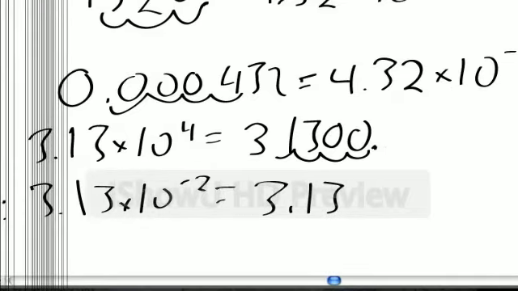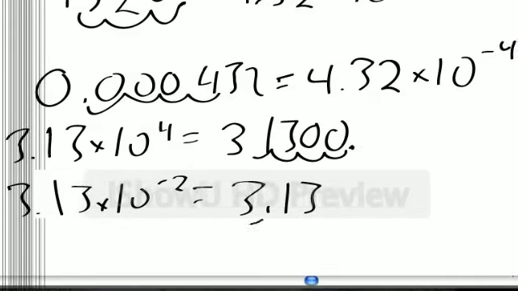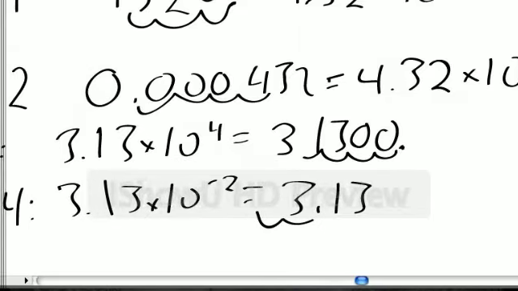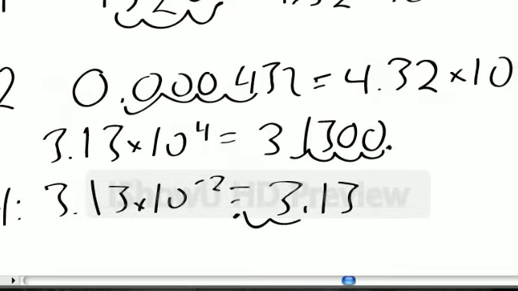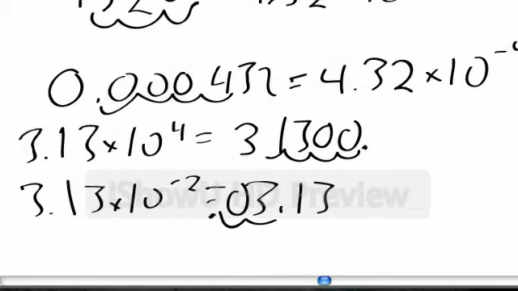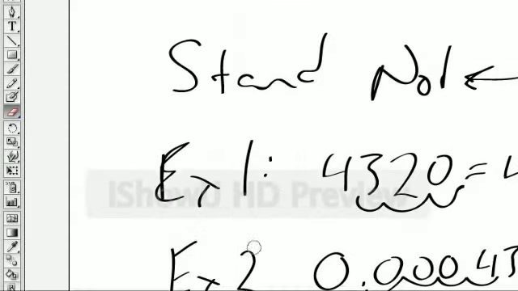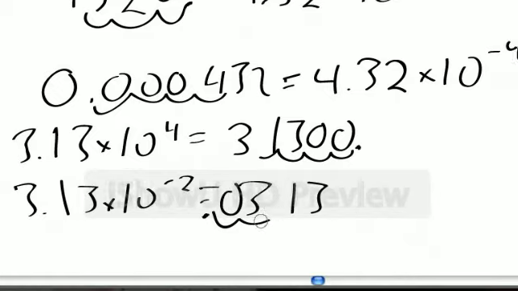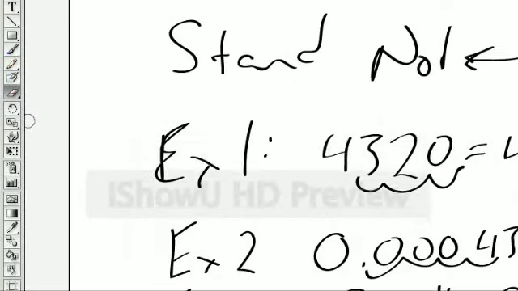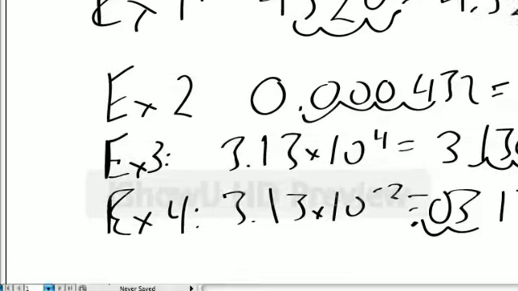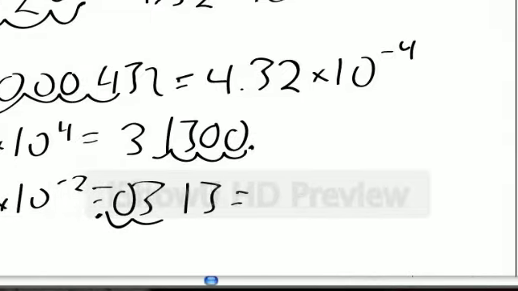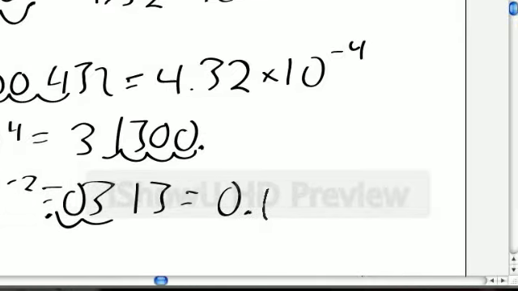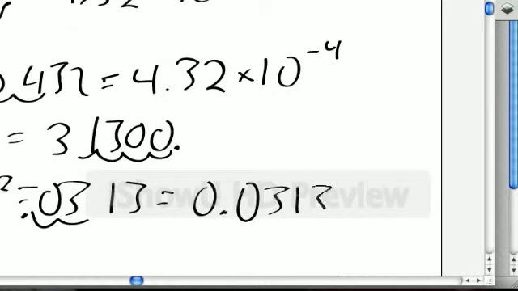Only this time, because it was a negative, I move it to the left. So it's 1, 2 spots over. Now I place my decimal right there. The 0 goes there. And once again, I have to erase that guy. And that gives me an answer. I'll just rewrite it here of 0. Here's my decimal, and there's 0313.